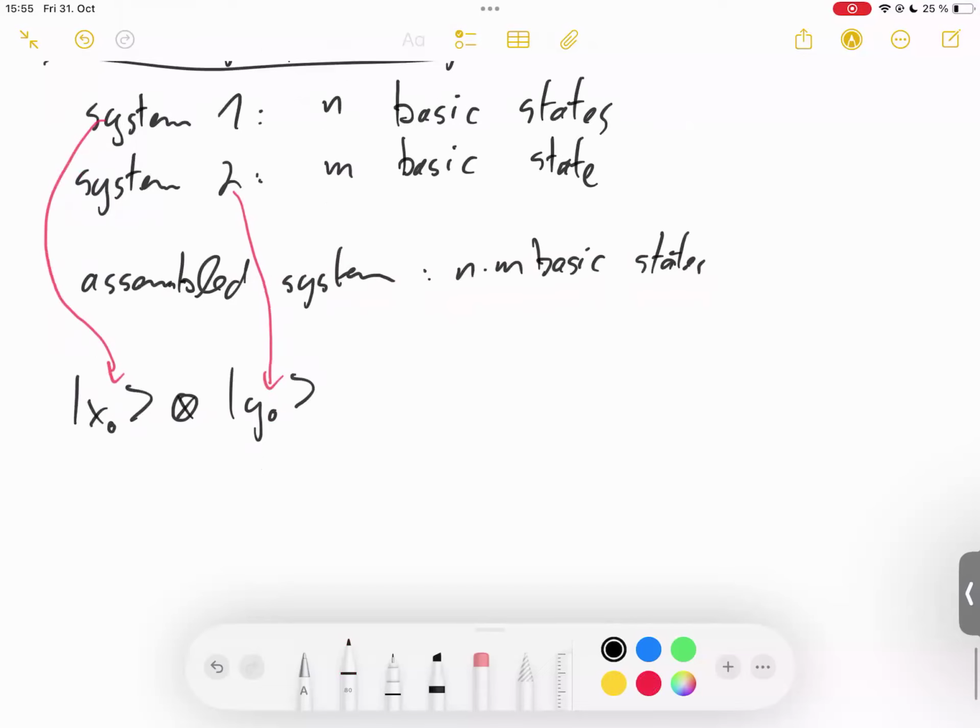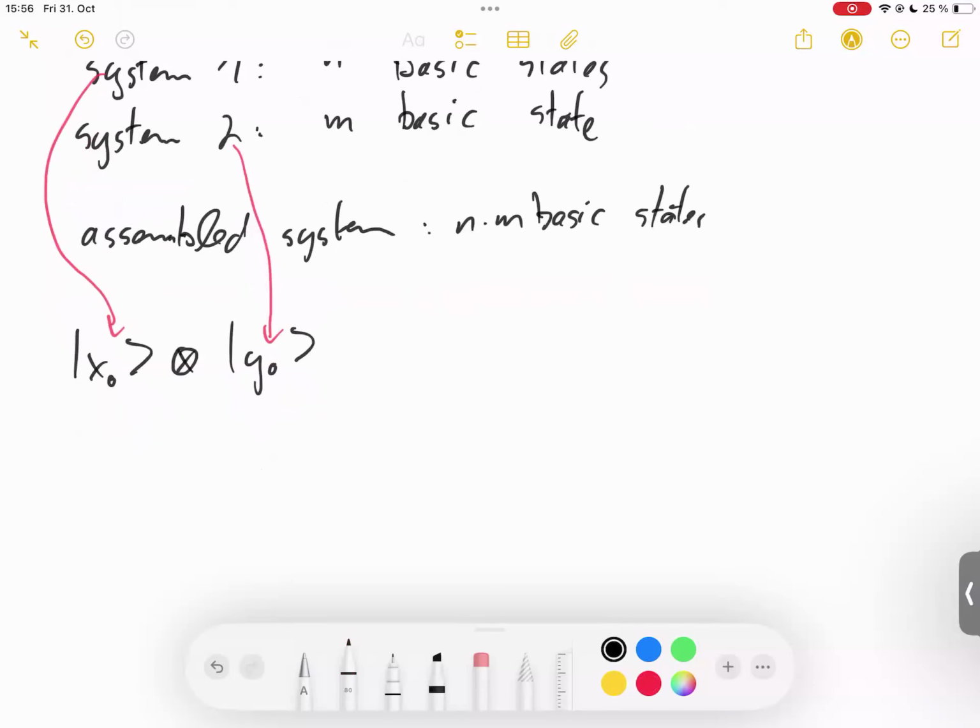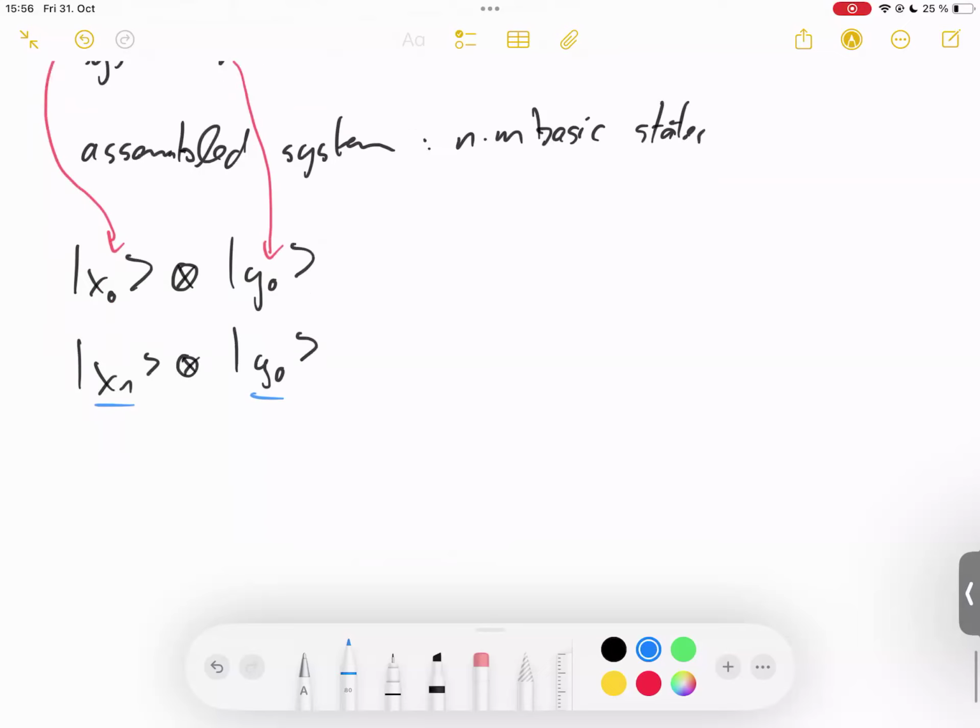Just as one example. We could have something like x1 ket and the tensor product with y0 ket. This would mean the first particle is at x1 and the second particle at y0.